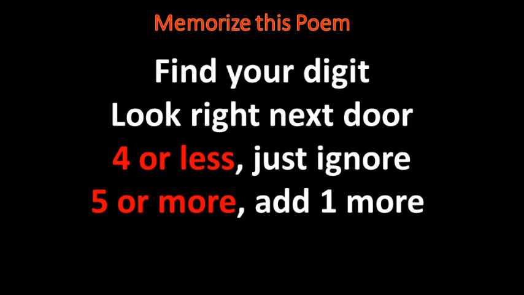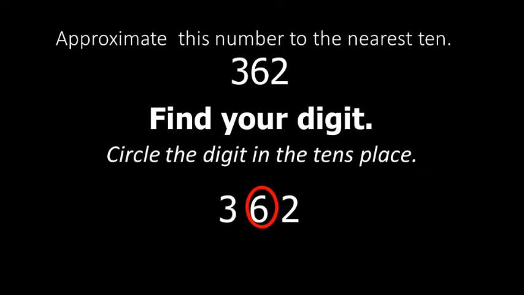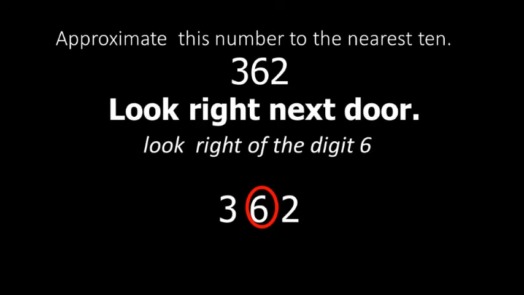First example, approximate this number to the nearest 10: 362. First, find your digit. I found my digit, it's the tens digit, and I put a circle on the tens. Now, look right next door. It's 2. 4 or less, just ignore.